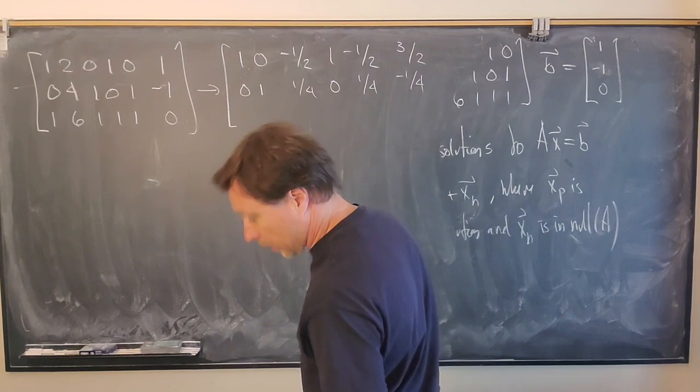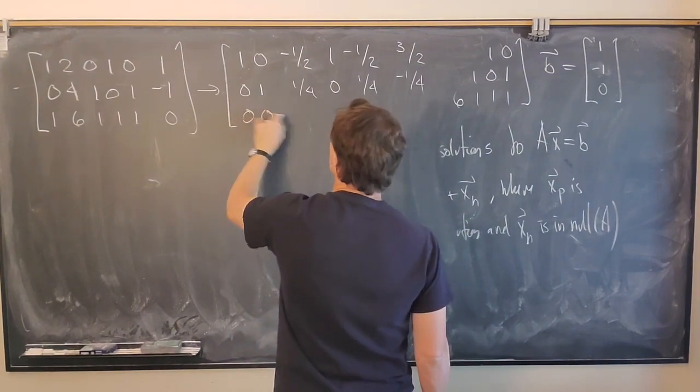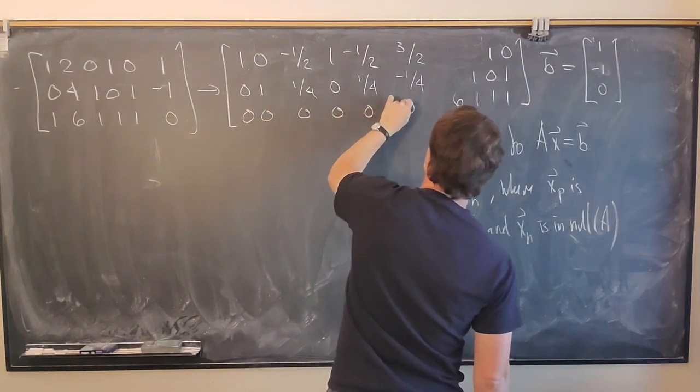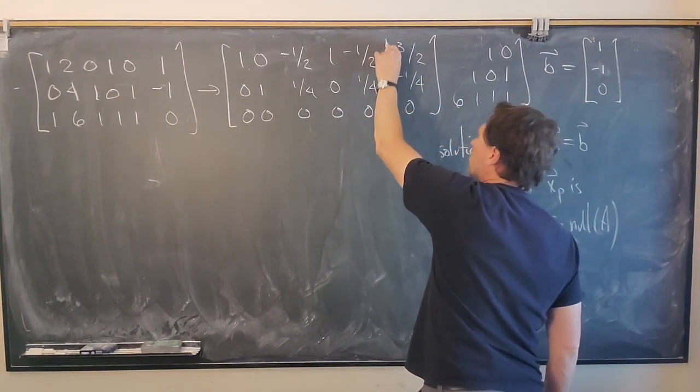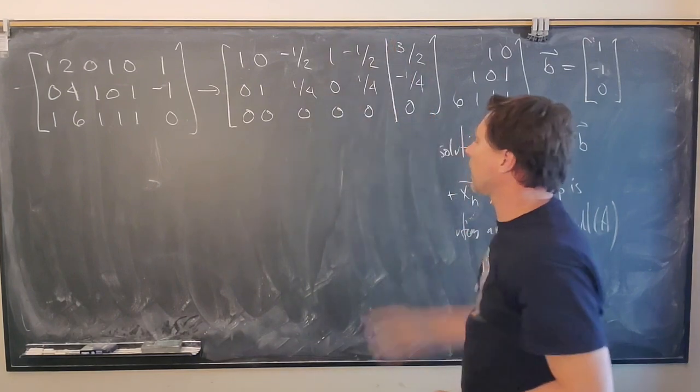And then I've got a row of zeros: 0, 0, 0, 0, 0, 0. Okay. So now I'm going to put a little line here to remind us that's where the equal sign is.